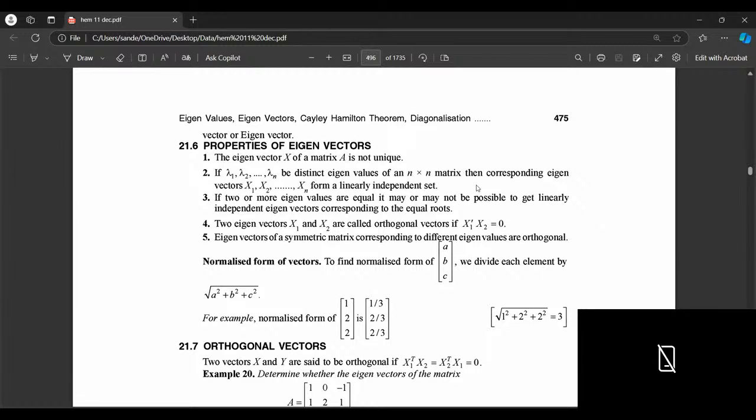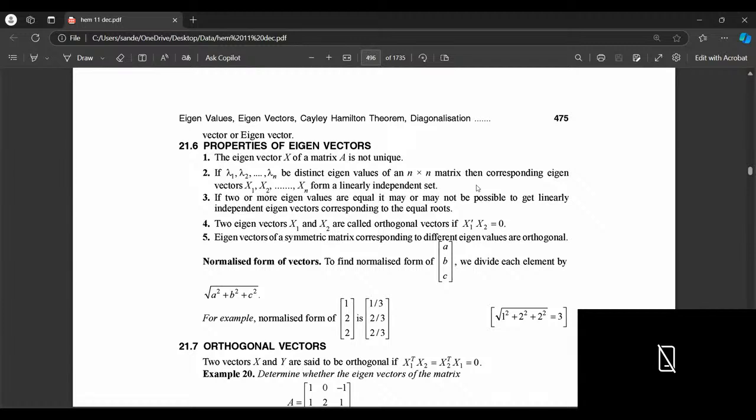Third property: if two or more eigenvalues are equal, it may or may not be possible to get linearly independent eigenvectors corresponding to the equal roots.